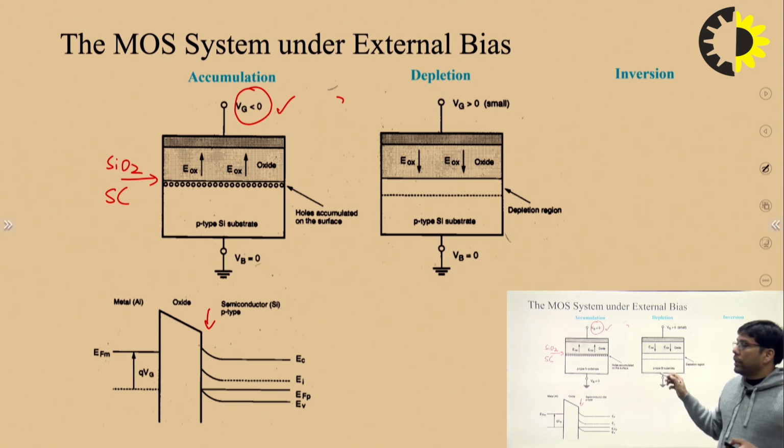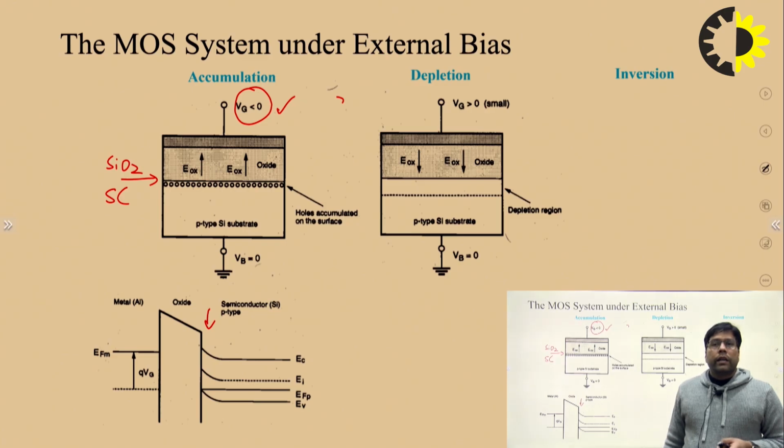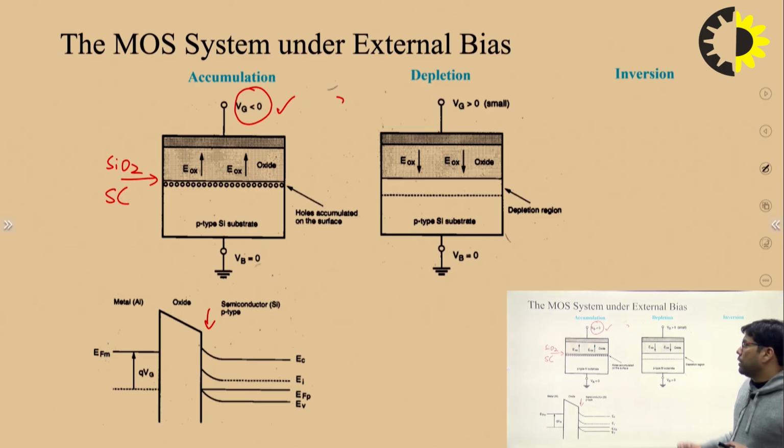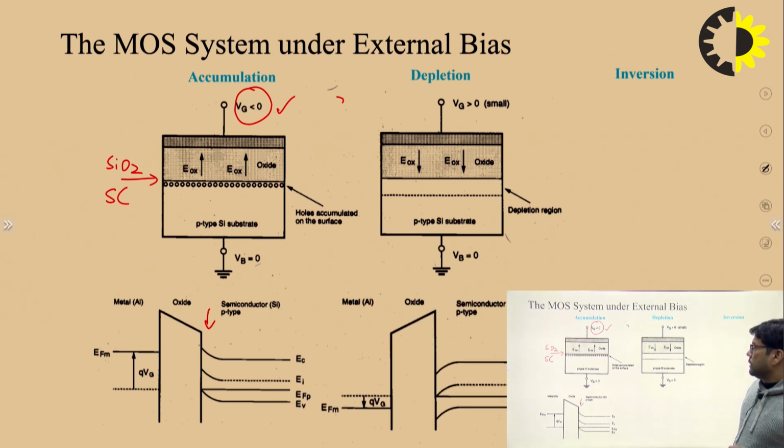So due to the recombination of electrons and holes, only the immobile charge carriers will be present at the interface, and the region where only immobile charge carriers are present is known as the depletion layer. So this area is known as the depletion layer, and this phenomenon, due to the application of a small voltage at the gate terminal, is the depletion process, right?